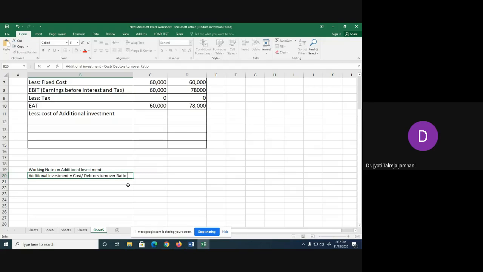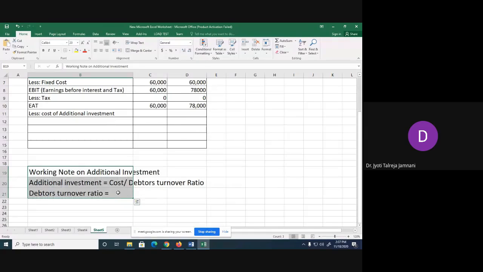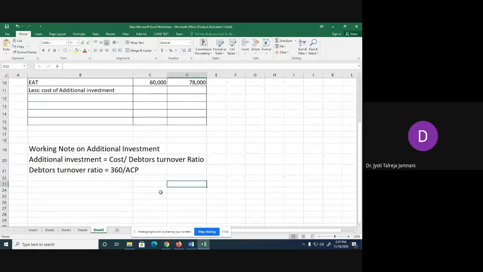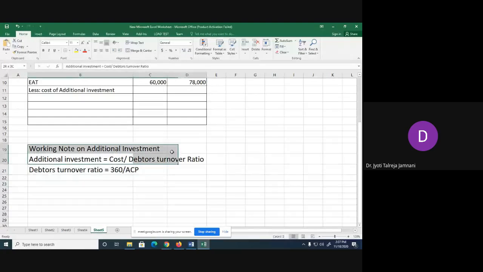You need to do cost divided by debtors turnover ratio to find the additional investment. So first we need to find the debtors turnover ratio. Debtors turnover ratio is equal to 360 divided by average collection period. I am writing it as ACP, that is nothing but average collection period. So these are the two formulas which are very important, with which we will find the additional investment.